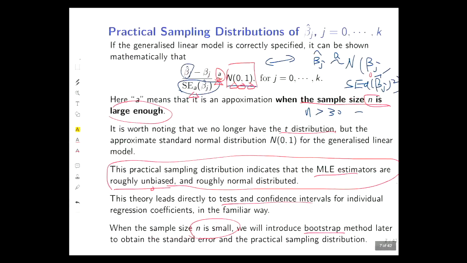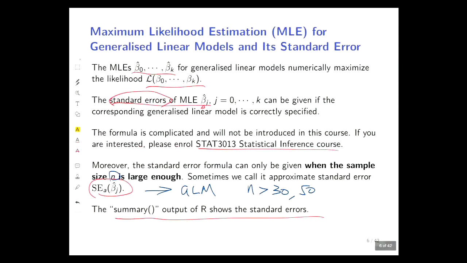So here, we usually consider n to be large when n is larger than 30 or 50, but it's purely from my experience. Sometimes it depends on the data set, but I think 30 and 50 may be recognized by my colleagues.